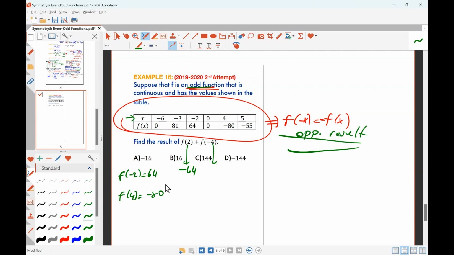By changing the sign of x, the result must change too. You just take the opposite result. What is the opposite of negative 80? It is 80. So the answer is obvious. Negative 64 plus 80 gives you positive 16. So I covered pretty much everything about symmetry.